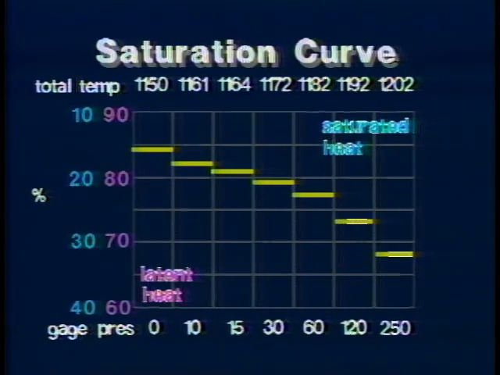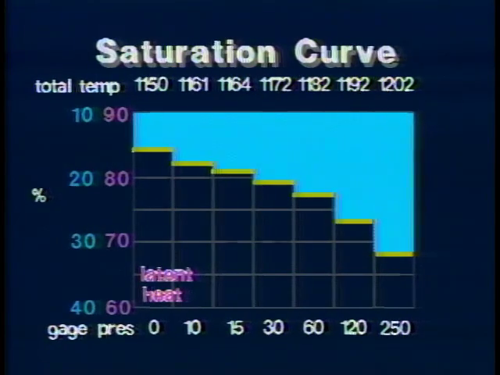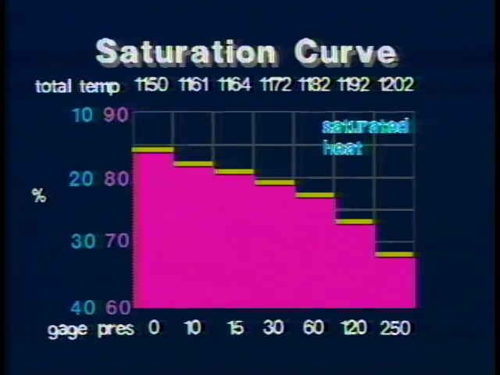However, this heat must be characterized in two ways. The saturated heat of water is the amount of heat required to make it boil. As pressure increases, more heat is required to boil the water, generating steam. The latent heat of the steam is the amount of heat in the steam given off before it condenses back into water.